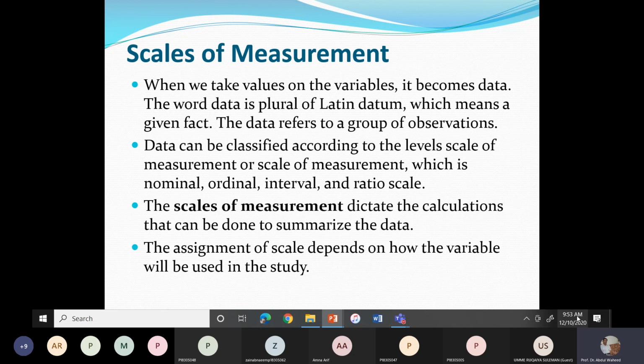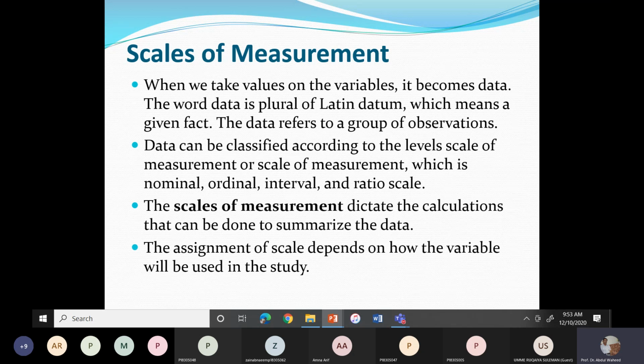So data refers to a group of observations, okay, and data can be classified according to the level of scales of measurement, which could be nominal or ordinal or interval or ratio scale.